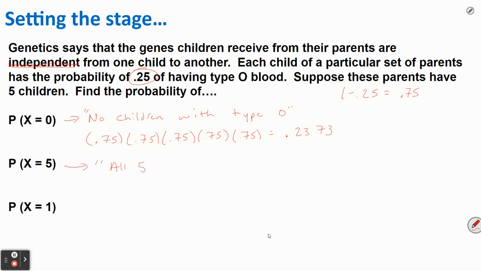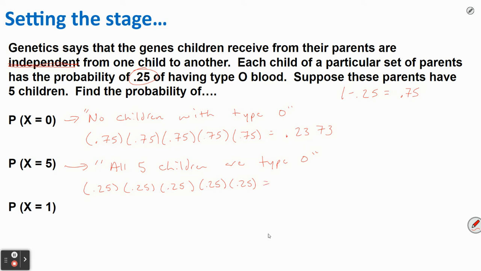Now, if we go the other way, if we say all 5 children are type O, then it's also just another generic standard probability, except now it's 0.25, 0.25, 0.25, 0.25, and 0.25.